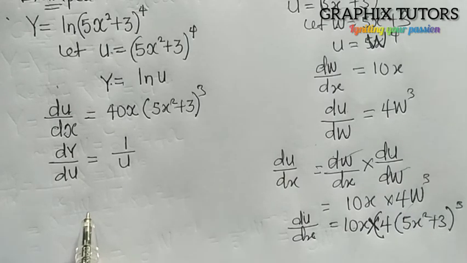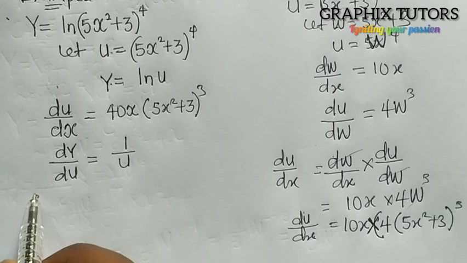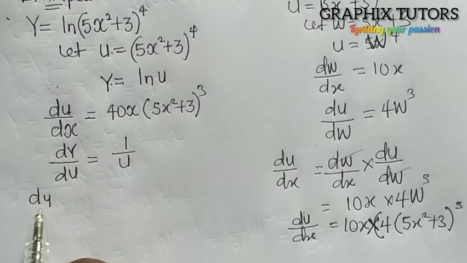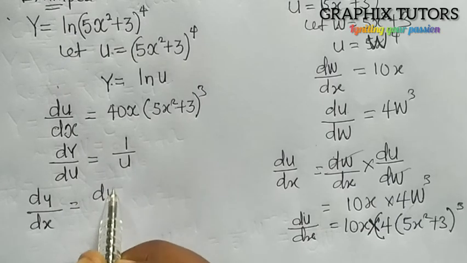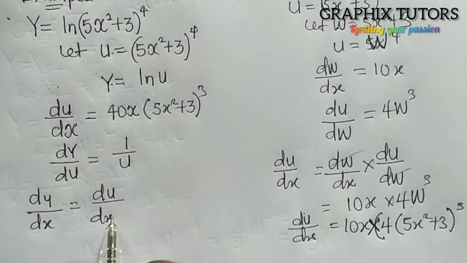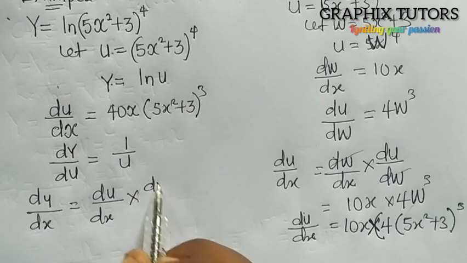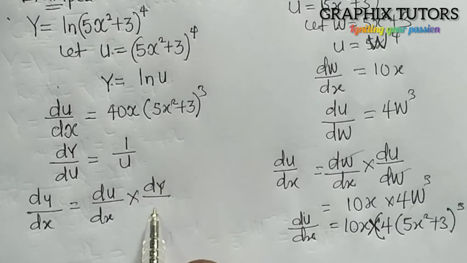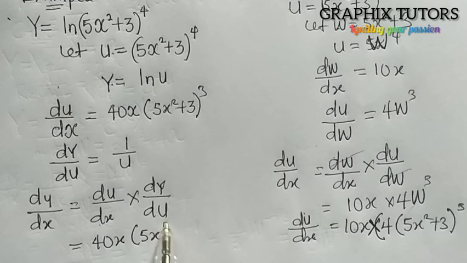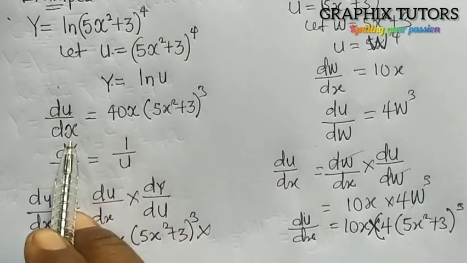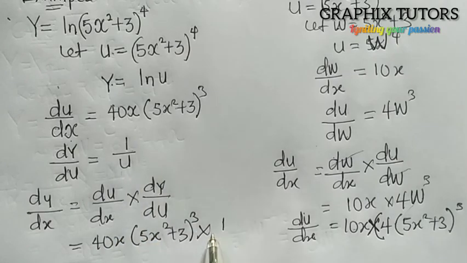So I will now say that my dy over dx will give me du over dx multiplied by dy over du. So what is my du over dx? Du over dx is 40x into bracket 5x squared plus 3 to the power of 3, multiplied by dy over du, which is 1 over u.